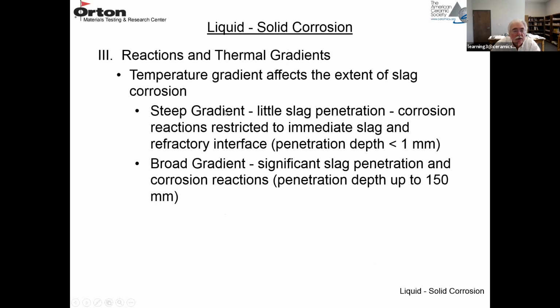Temperature gradients affect how the slag reacts with the refractory. You can have a steep thermal gradient or you can have a broad thermal gradient. So if you have a steep thermal gradient, maybe you have a thin wall refractory that's water cooled, you have a very steep gradient, a little slag penetration, the freeze plane is near the hot face.